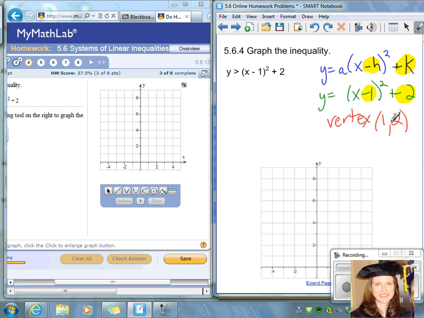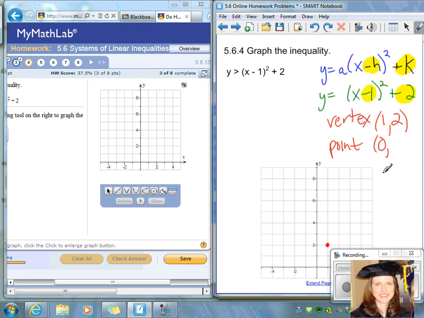Now we do need to find one other point to graph the parabola. If the vertex is right here at (1, 2), let's choose a point close to that vertex. Let's say we want to determine the value if you plug in 0 for x.